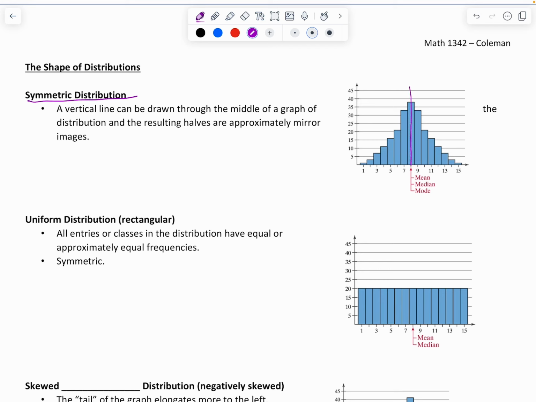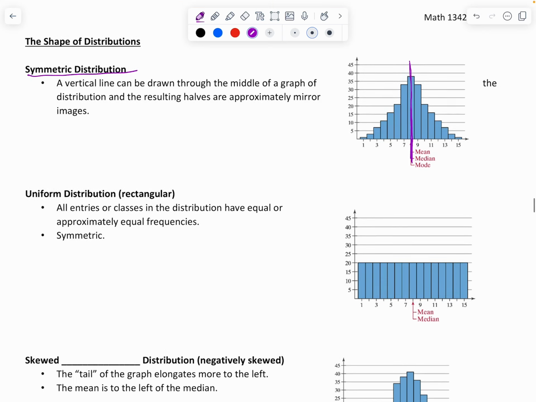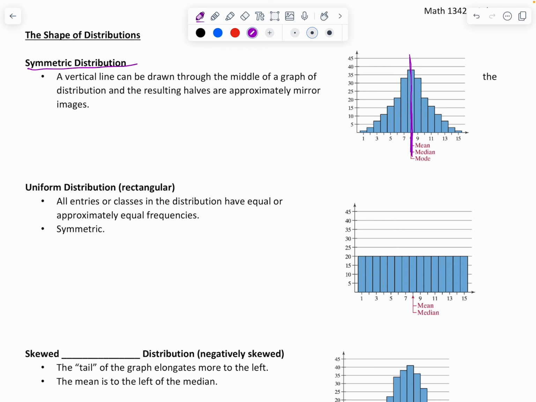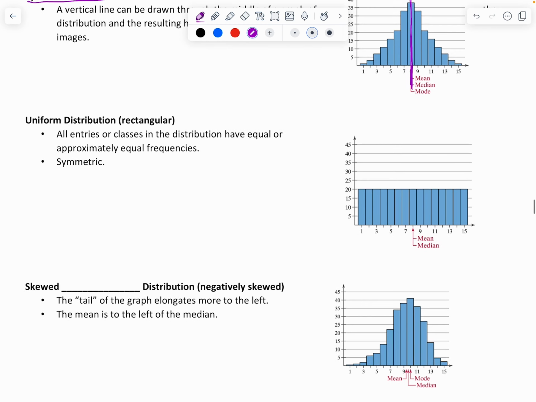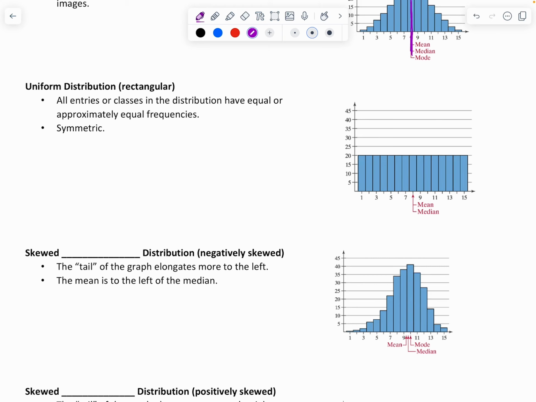So if I were to draw a line straight down this center, you can see where these are almost mirror images, and that's because the mean, the median, and the mode are all similar, close to the same. In this case, it looks like exactly the same, but that's because it's exactly a mirror image here. They'll be close, but not necessarily exactly the same.